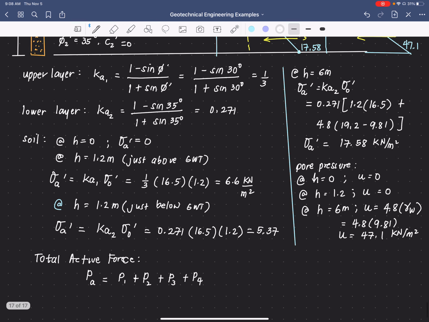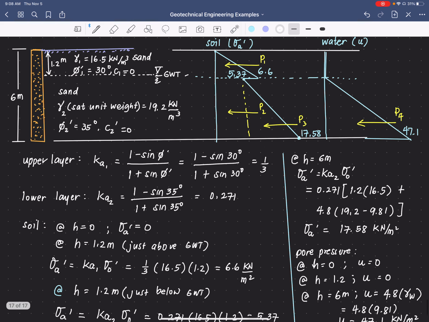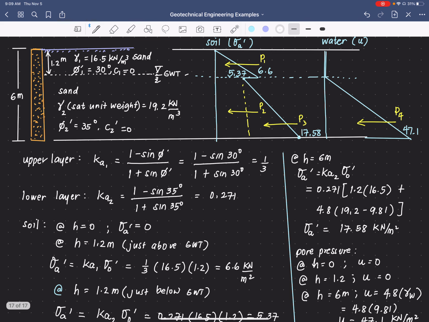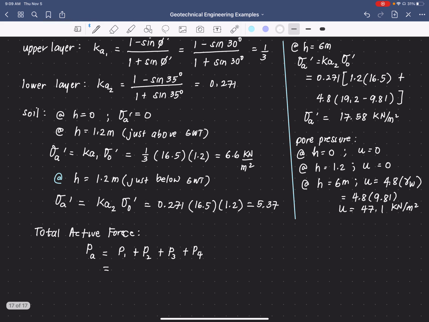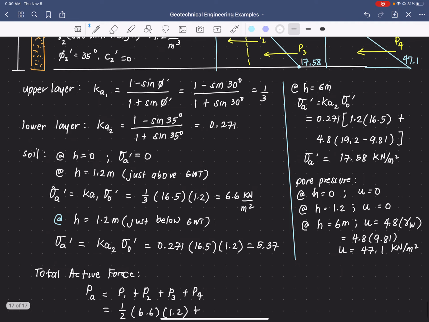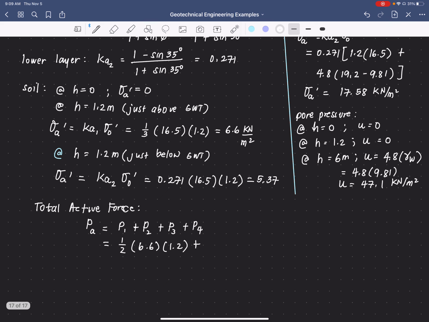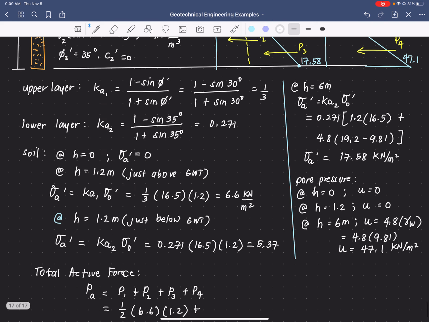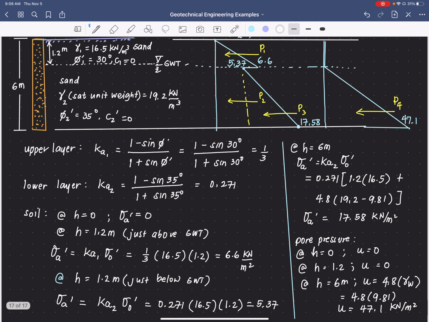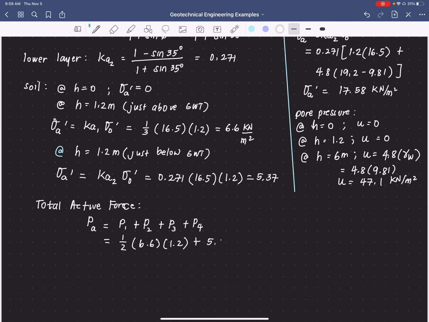Okay, let us now plug in values. P sub 1 will be triangular, and we have a base of 6.6 and a height of 1.2. So this becomes 1/2 of base of 6.6 times 1.2 plus our P2 is triangle. We have 5.37 and 4.8. So we have a base of 5.37 and a height of 4.8.